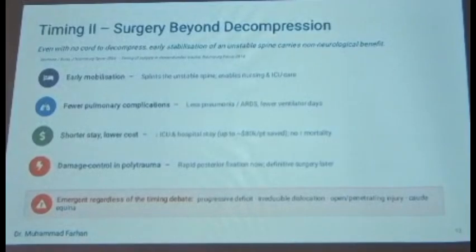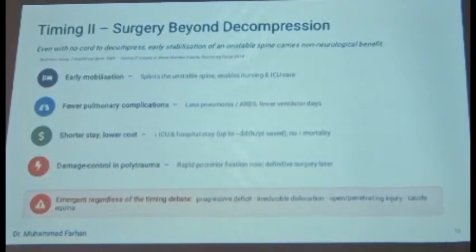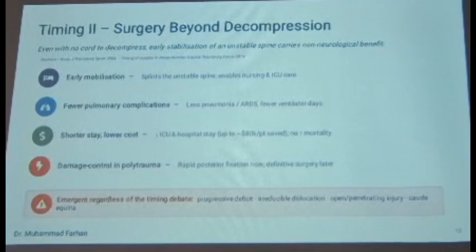Then timing of surgery beyond decompression. When there is no need to decompress the spinal cord, or when the injury is of a type where the spinal cord is not compressed due to any lesion, then the patient can wait, but we should do the surgery within 72 hours. Within 72 hours is preferred, because due to immobilization or hospital admission, further complications can occur.